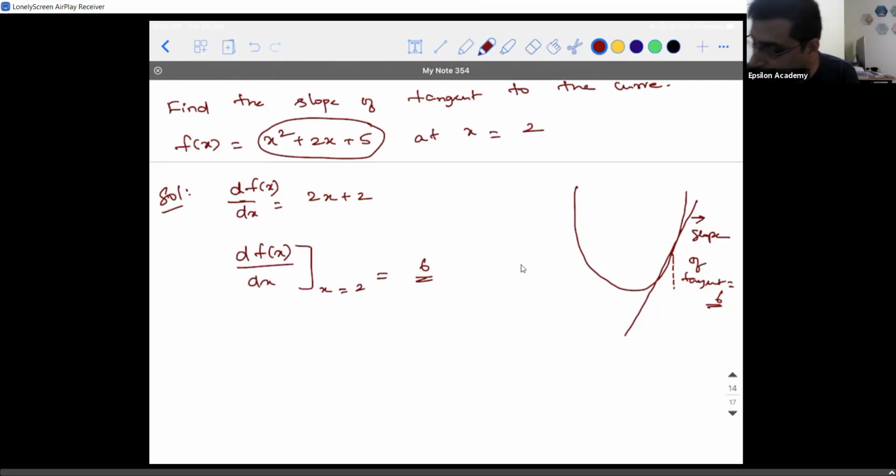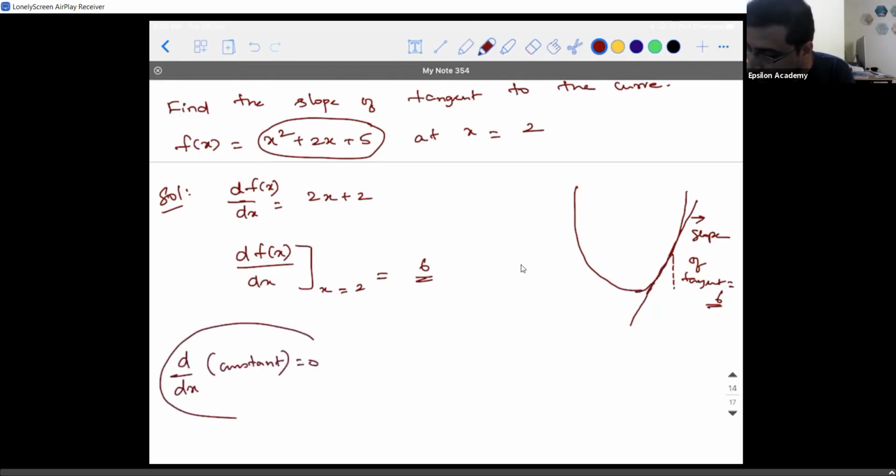If I have to tell you why the derivative of a constant is 0, guys, if you didn't know this. Why is it so? Because the derivative of 5 is going to be 0. Why is the derivative of a constant 0? Because d by dx of c can be written as c into x power 0.